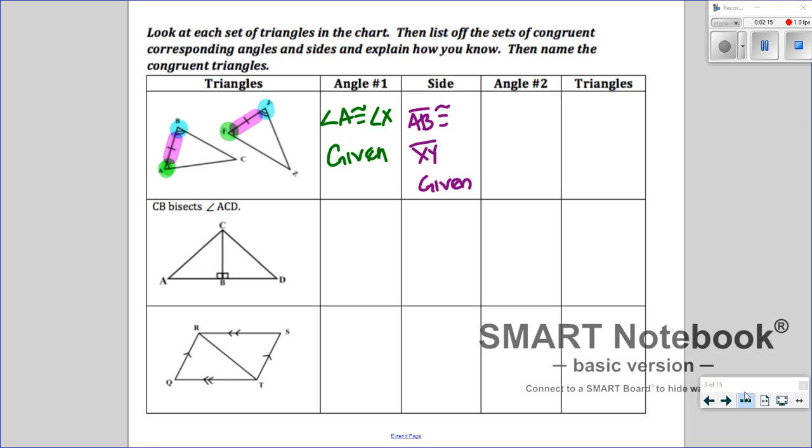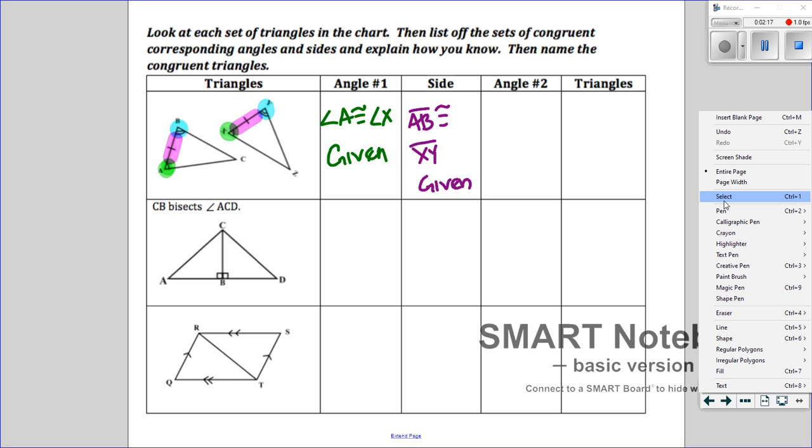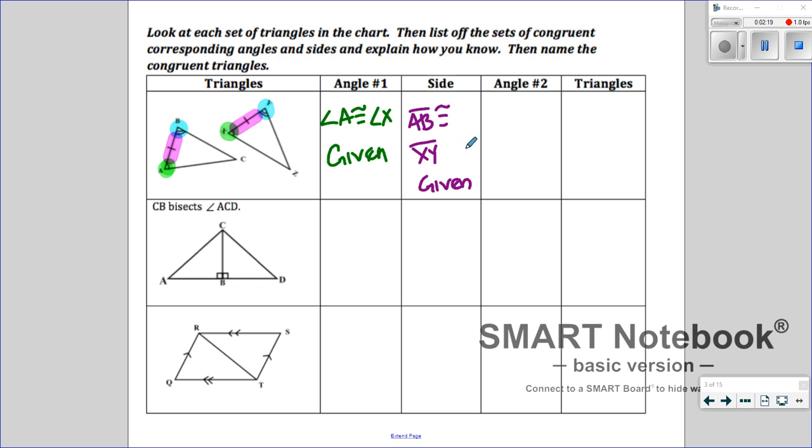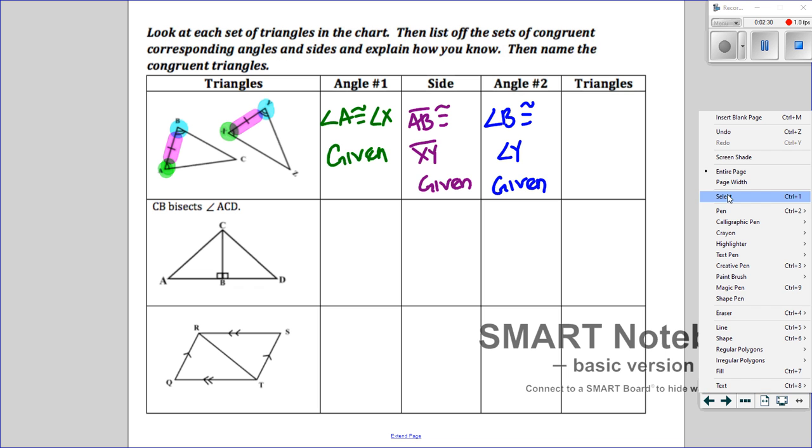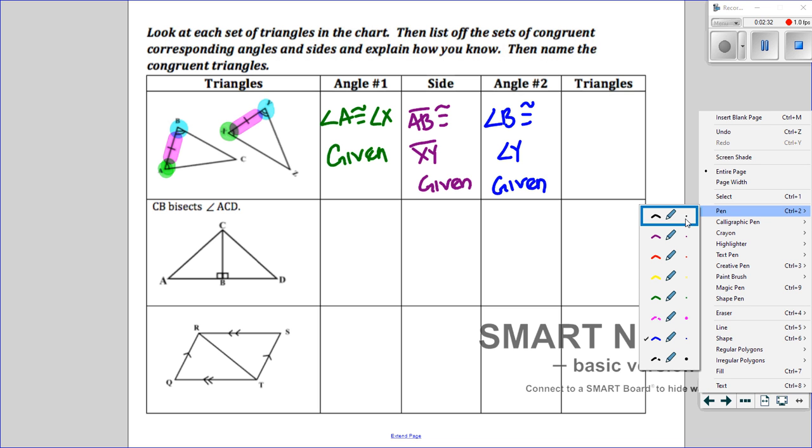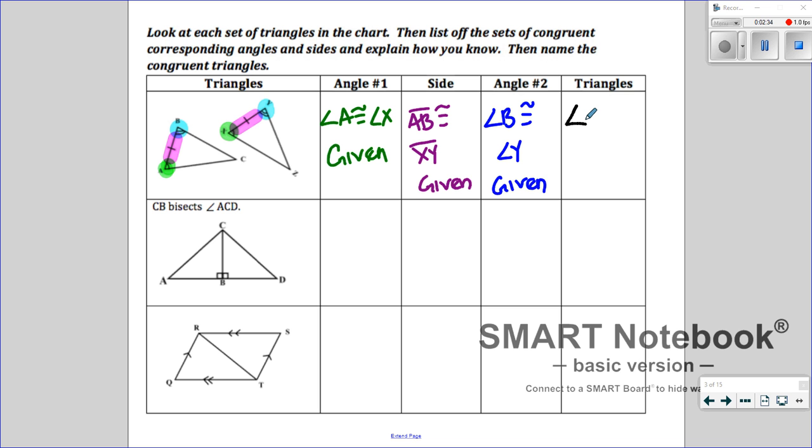And then we have the second angle, which is angle B, congruent to angle Y, and that's also given. So now we've proven the three parts congruent. Then we can do our triangle congruency statement: triangle ABC is congruent to triangle XYZ, and the reason is angle side angle.